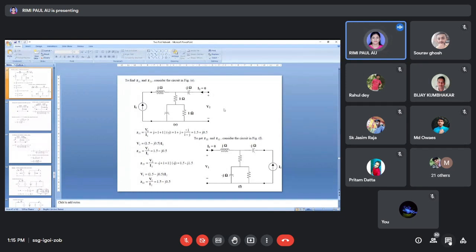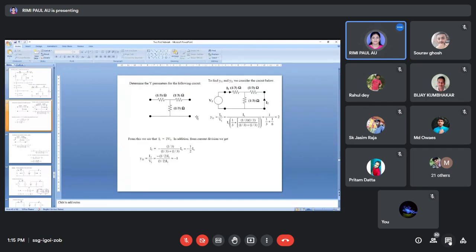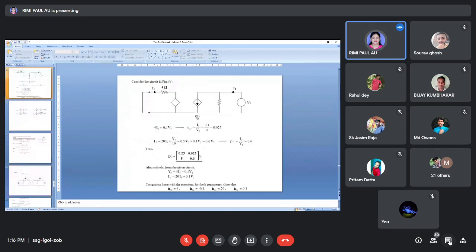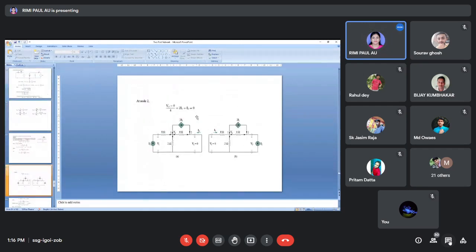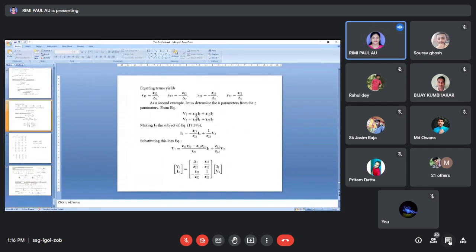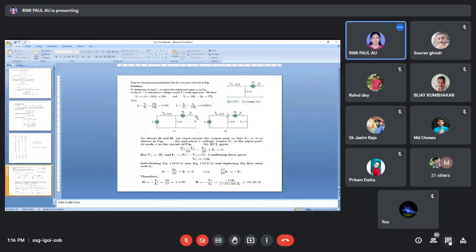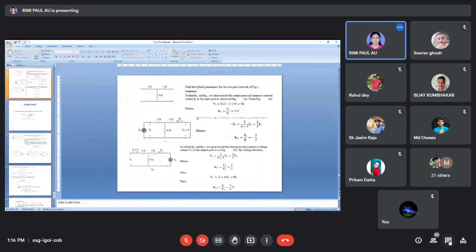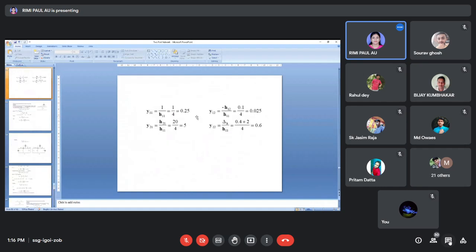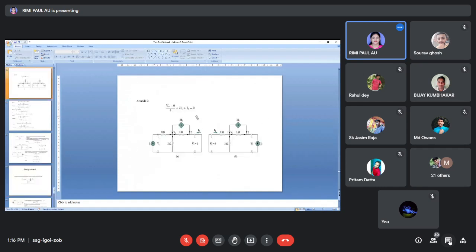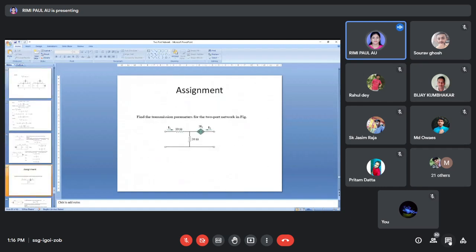You don't have to submit it, you will just show me, anyone I can ask. But lateral entry students will submit this problem. Okay, now give me attendance.